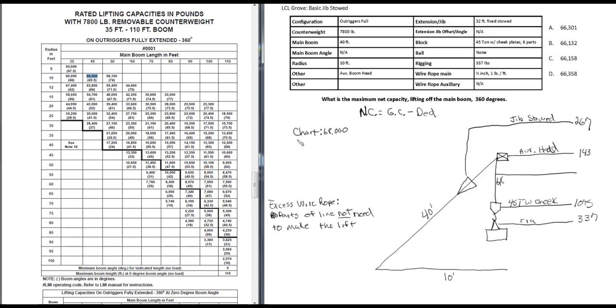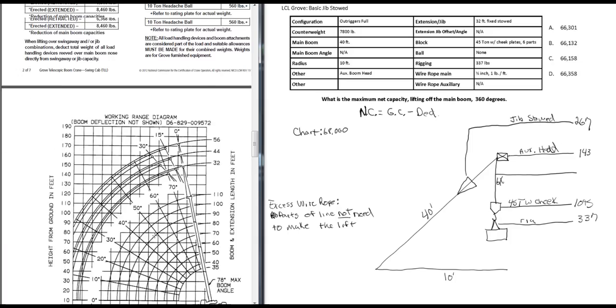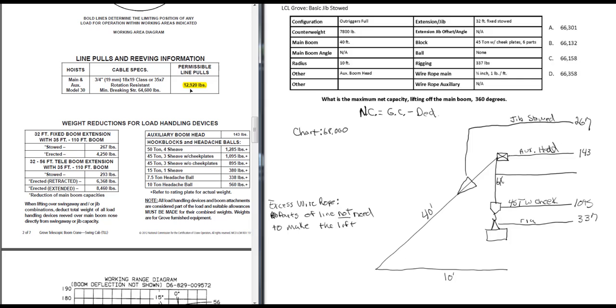Okay, how many parts of line do we need to lift this capacity? If we had a load that weighed 68,000, how many parts of line would we need? We find that by dividing 68,000. Our single line capacity is 12,920 pounds. Let me write that down.